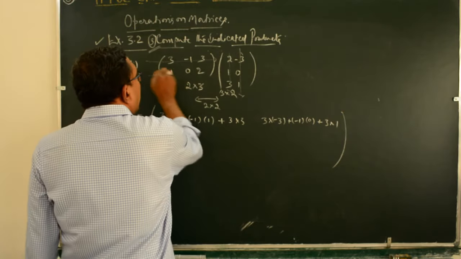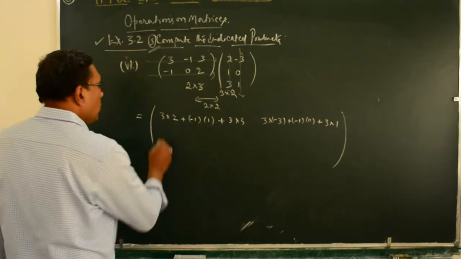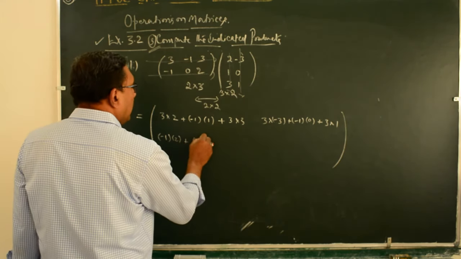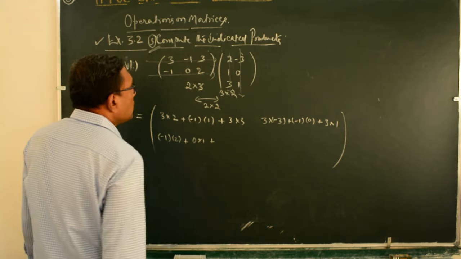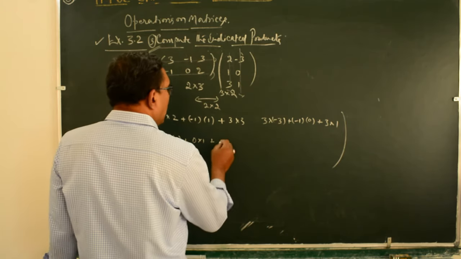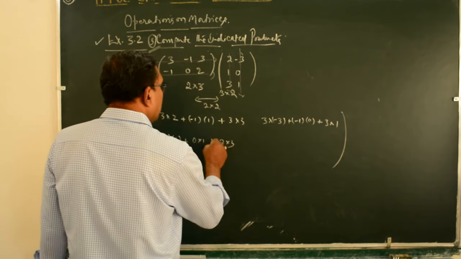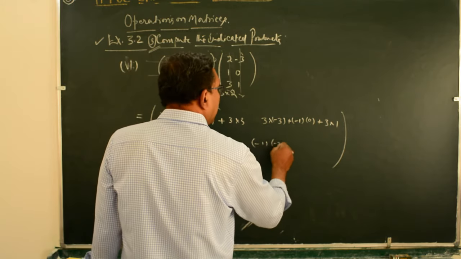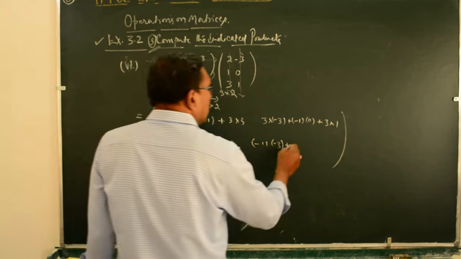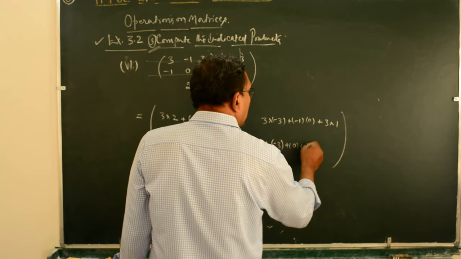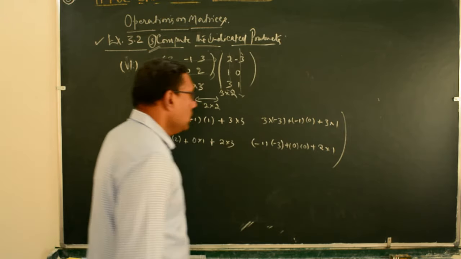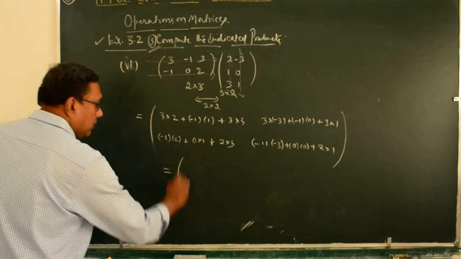Similarly, we will do with the second row: minus 1 into 2 plus 0 into 1 plus 2 into 3. Here minus 1 into minus 3 plus 0 into 0 plus 2 into 1. So, let us simplify this.